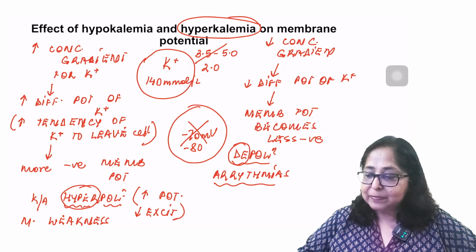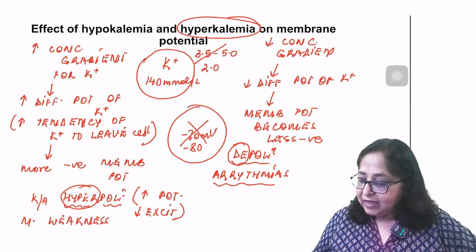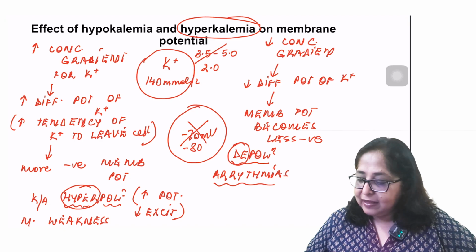Let's see what happens in a severe hyperkalemia. The first point is, what is a severe hyperkalemia? When do I call hyperkalemia mild to moderate and when do I call it severe? There is no true cutoff figure.